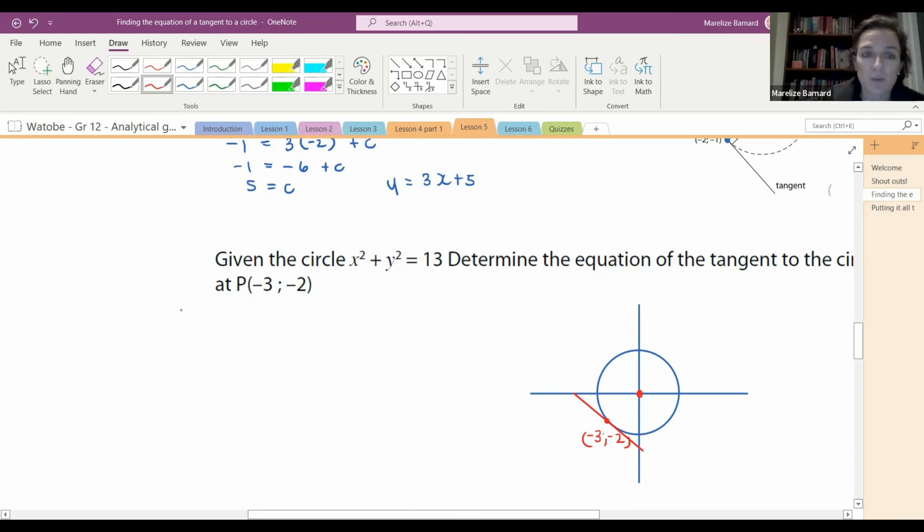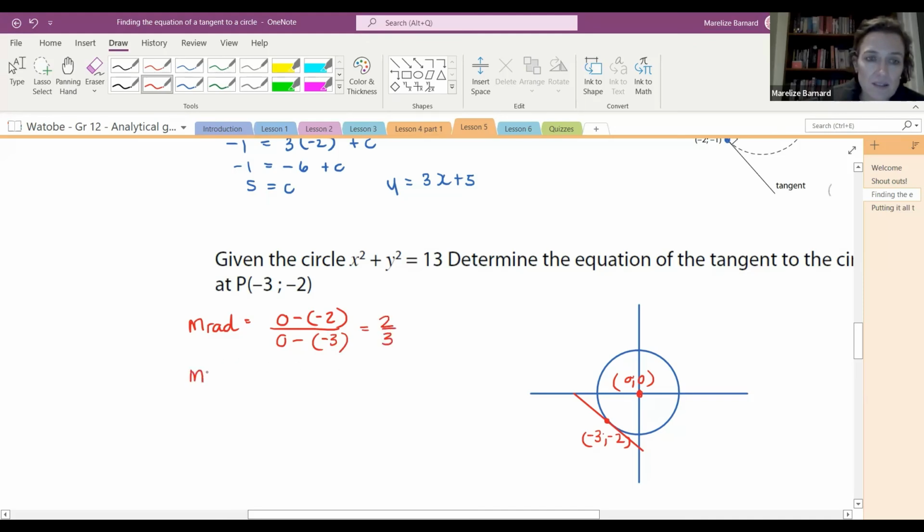So we're going to start by working out the gradient of the radius. So just remember that that point is 0, 0. So we're going to go 0 minus 2 over 0 minus 3. That gives me 2 over 3.